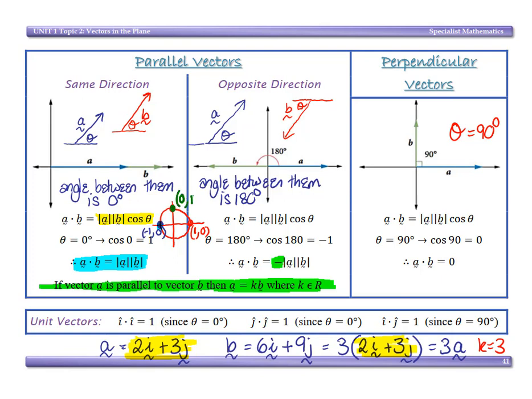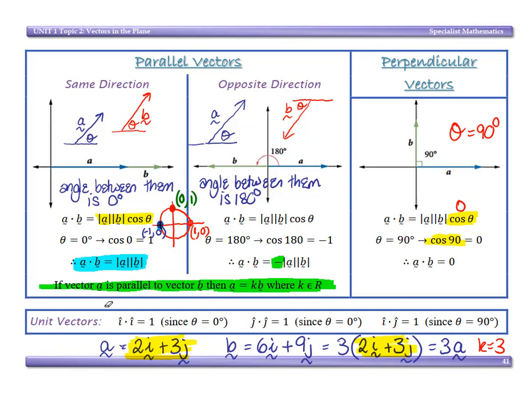That is 0, 1. So cos of 90 is 0. So that means if we replace our cos of theta with cos of 90, and that is 0, then my dot product is 0. So if my dot product is 0, I know the two vectors are perpendicular.